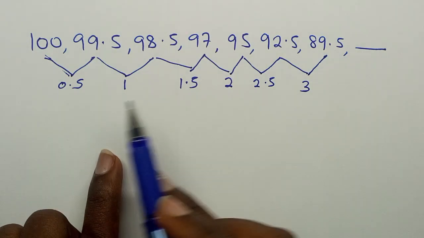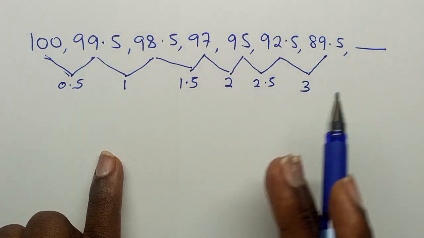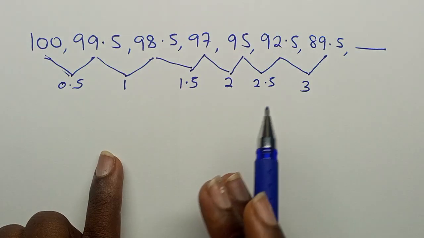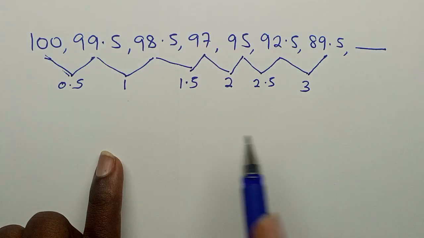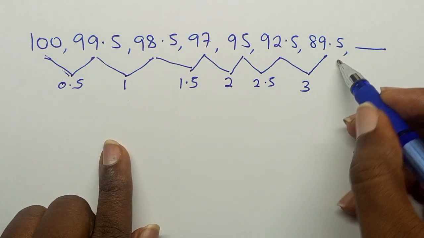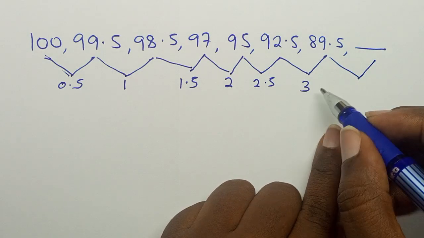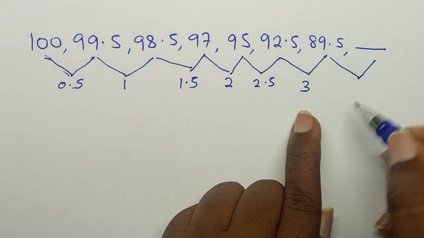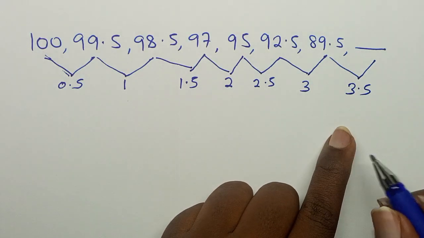That means the difference increases by 0.5 each time. So the next one will be subtracted by the previous difference plus 0.5, which becomes 3.5.